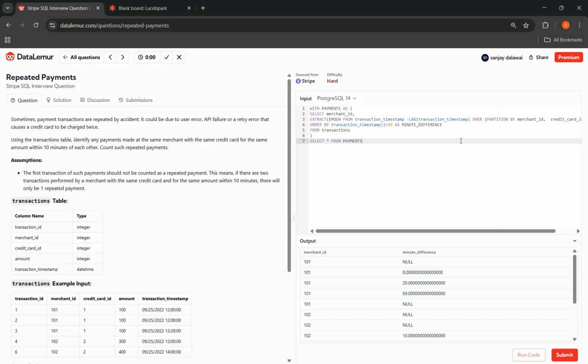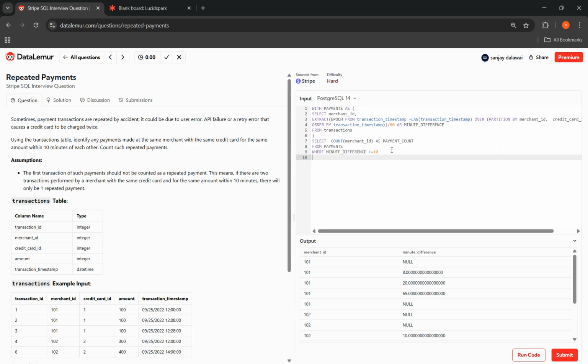So let's write the final select statement, selecting count of merchant ID as payment count from payments, where the minute difference is smaller than or equal to 10 minutes.